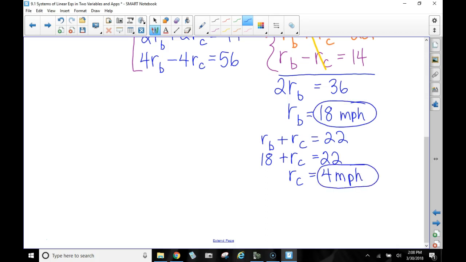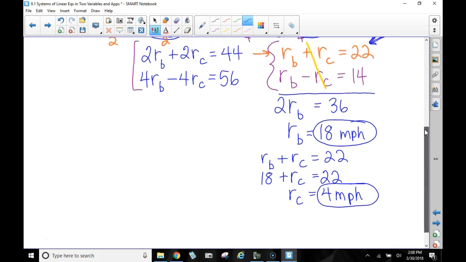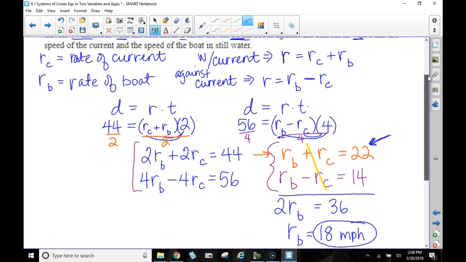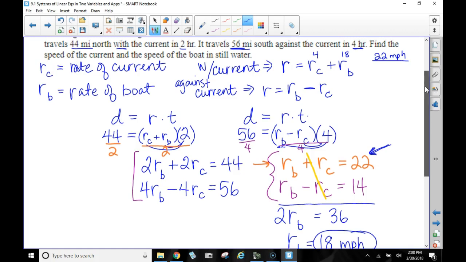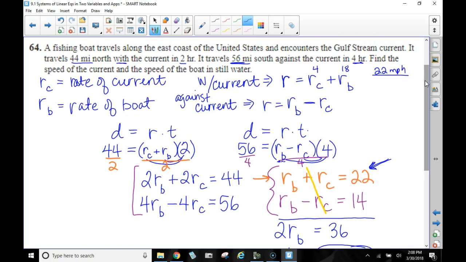Okay? So the total rate, when it was going with the current, was the 4 plus the 18. It was 22 miles per hour total, and a rate of 22 miles per hour times the time of 2 hours gives us the distance, 44.